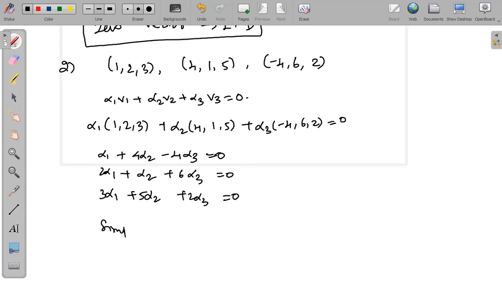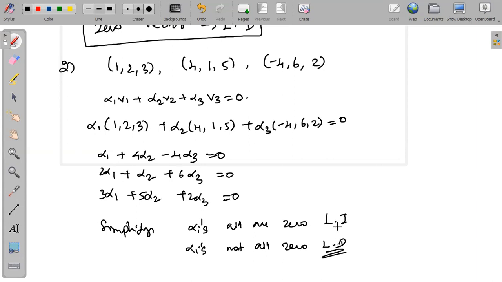By simplifying with the elimination method, if all the alpha i's are 0, then that is linearly independent. If the alpha i's are not all 0, then that is the linearly dependent case, right?